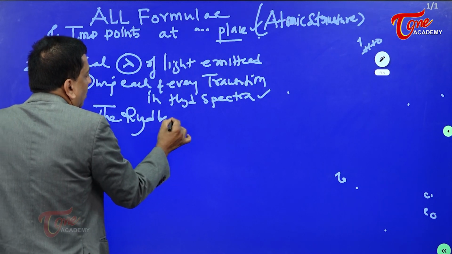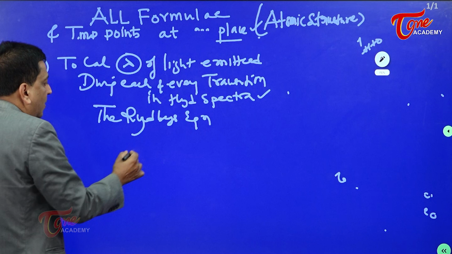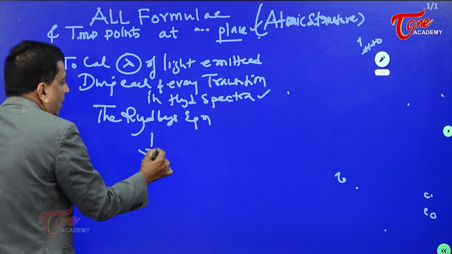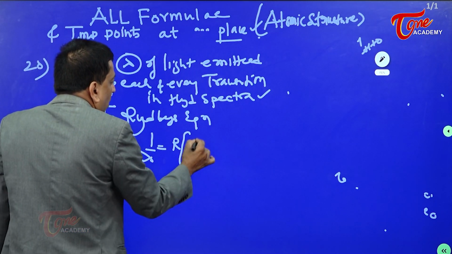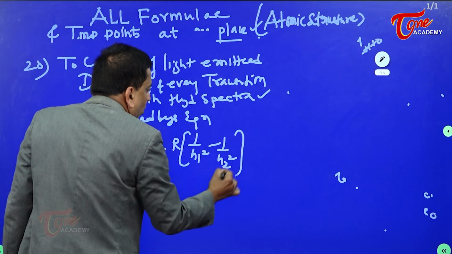The Rydberg's equation, you must understand it. It is basically 1/λ = R (1/n1² − 1/n2²).